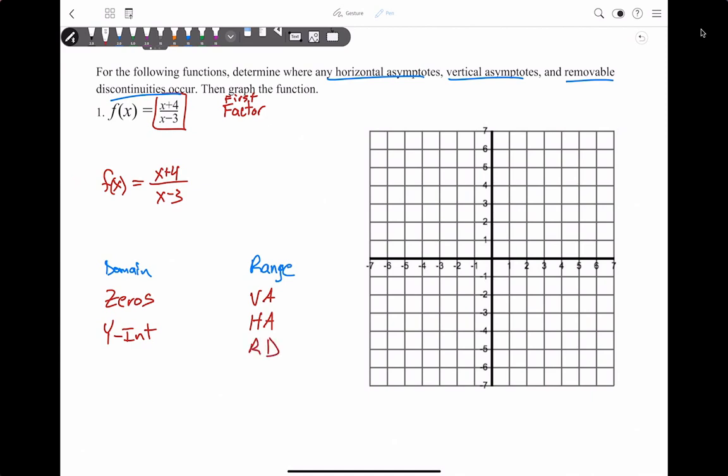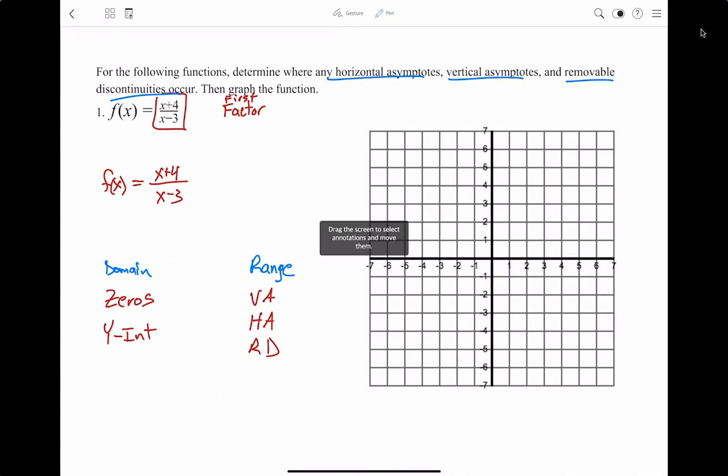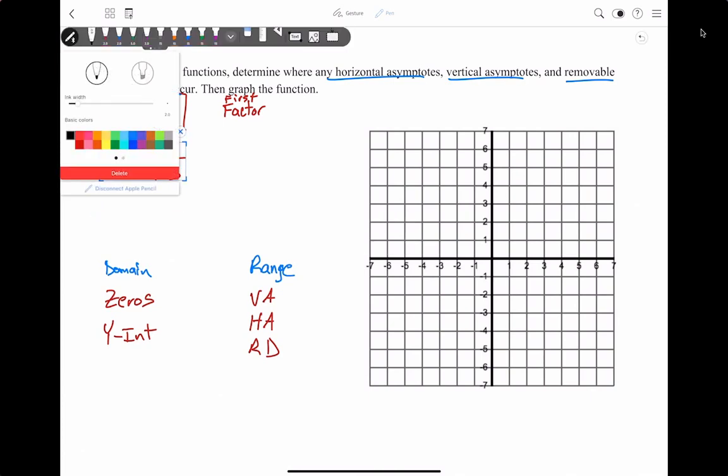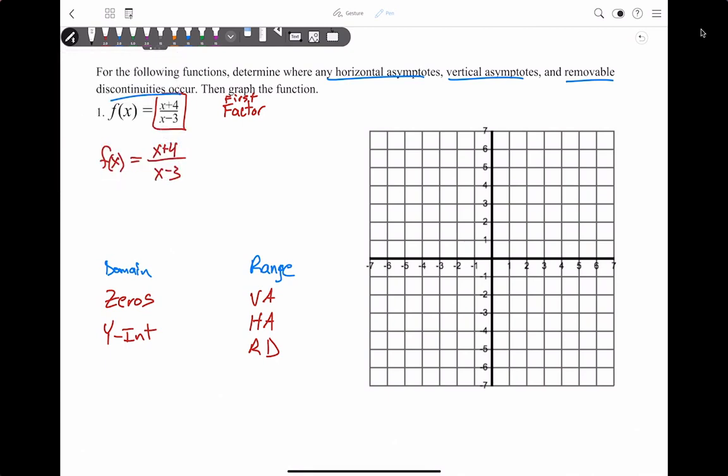The reason why I'm showing you and just listing them all out is there's another acronym that you can use to help you identify what are all the pieces that I need to be aware of. What are all the pieces that I need to make sure that I do know? Okay, so here we go. There's a correlation, and this is why I'm showing you this. I can look at the vertical asymptote.